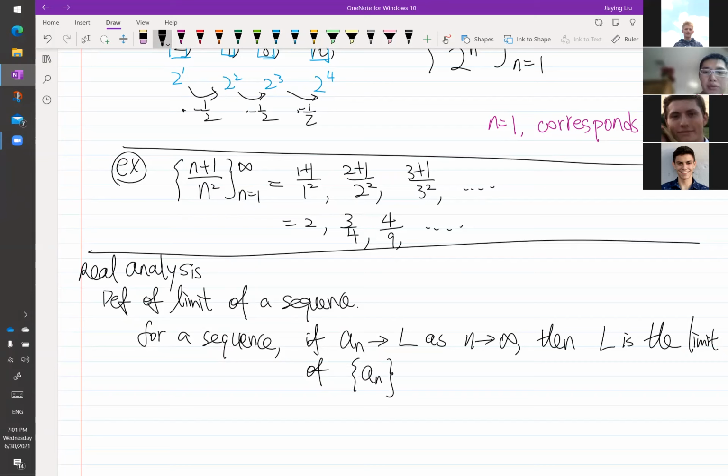This curly bracket with an means a sequence going from n equals 1 to infinity. So as n increases, you look at the element in that sequence, as n goes from 1 to 2 to 3, all the way towards infinity. If the value in the sequence approaches some number L, then L is the limit.